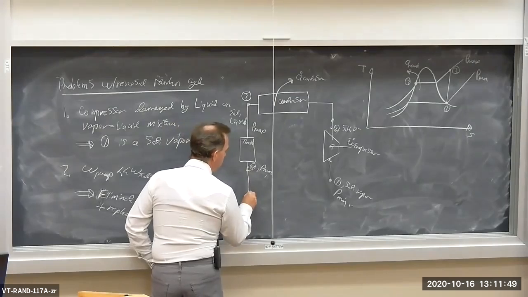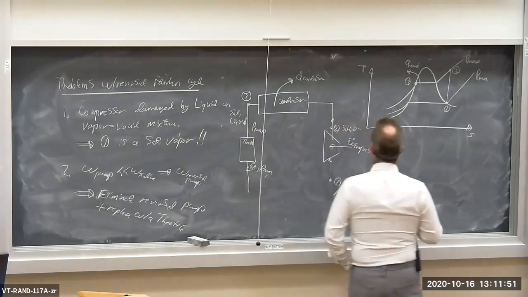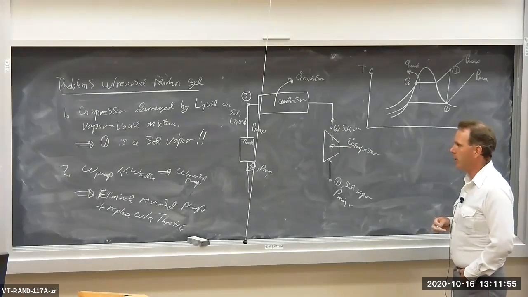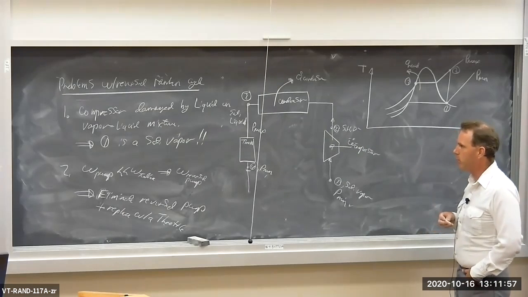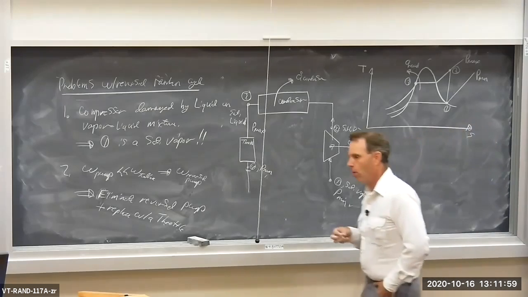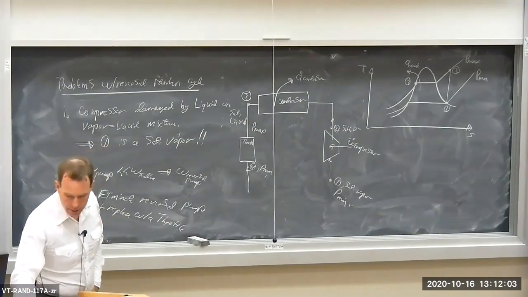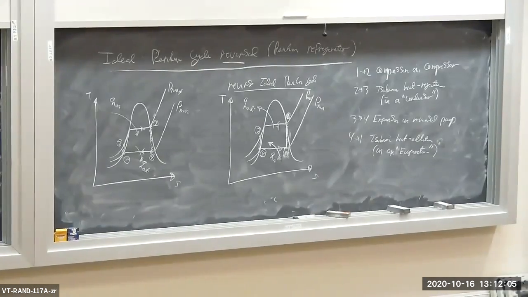And so now how does a TS diagram look with this throttle in there? What's the relationship between state 3 and state 4? Let's take a moment to analyze a throttle here. What does a throttle do? How does it work?